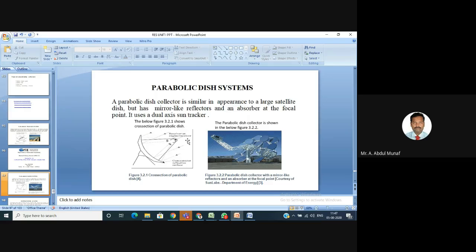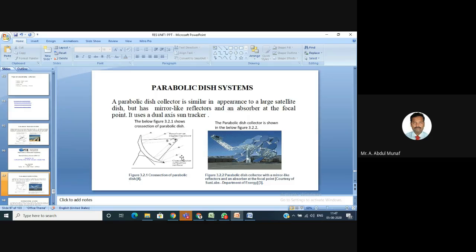Output means heat energy. In the parabolic dish also we can take the output up to 500 degrees centigrade temperature, same as the parabolic trough collector.